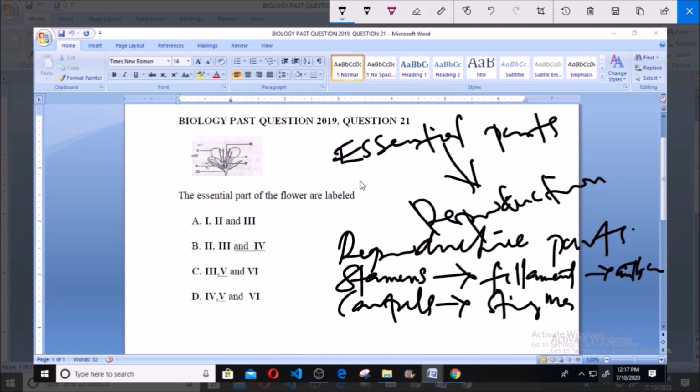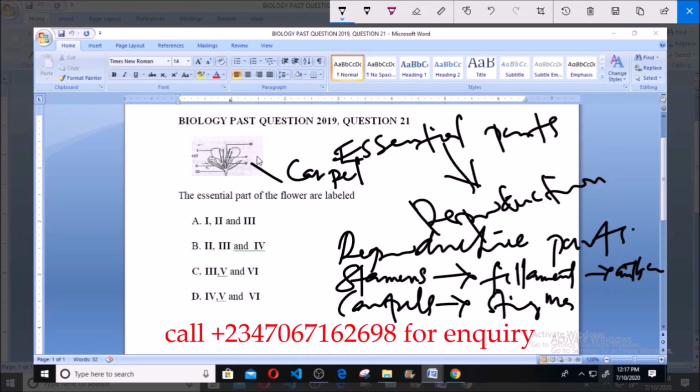In this particular diagram, IV here is a carpel, V here is a filament, while VI is an anther.